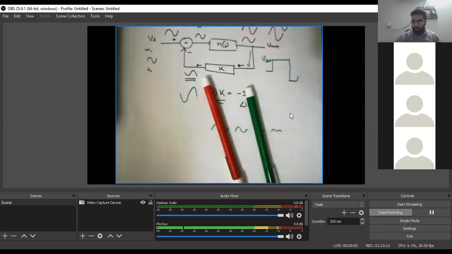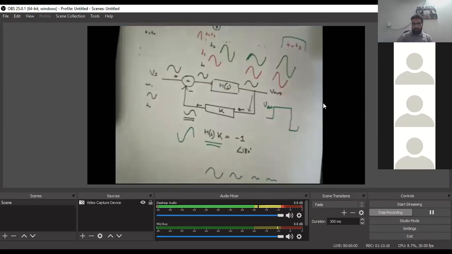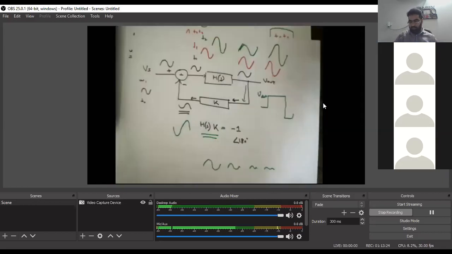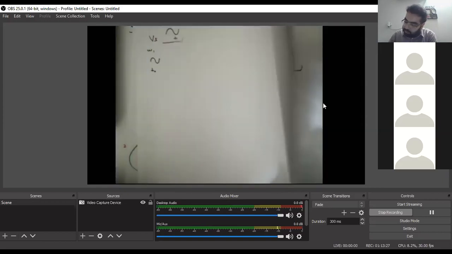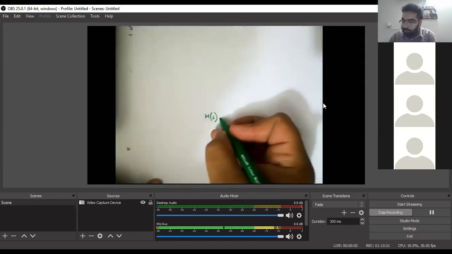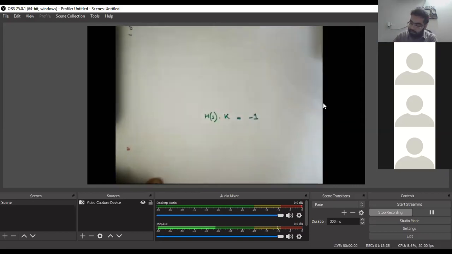Sir, is it -1 for h of s multiplied by k, or 1, for just stability? Let me write it. So h of s times k, if you have -1, then the system is unstable.